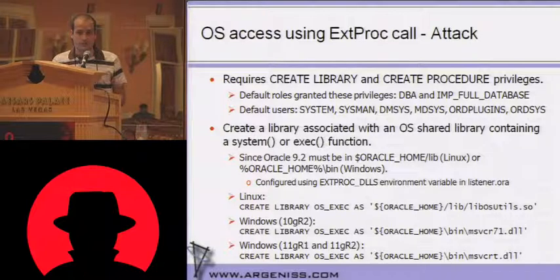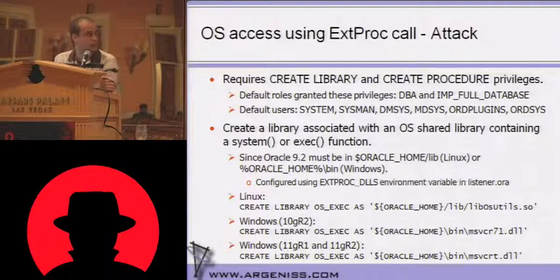So we first need to create a database library that points to this external file, and then we need to create a stored procedure that points to an exported function in that DLL file.